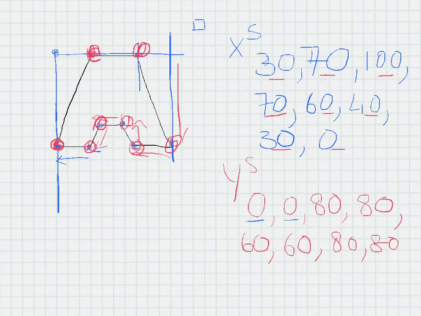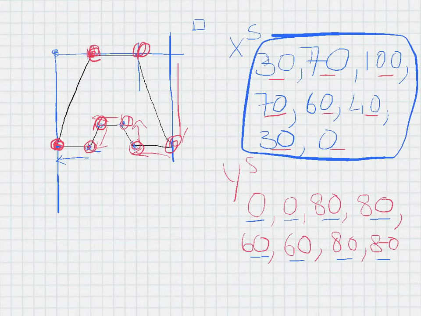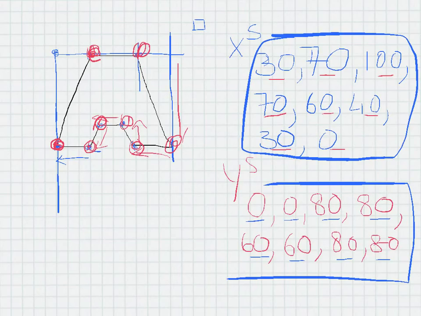So 1, 2, 3, 4, 5, 6, 7, 8. That is how I come up with the coordinates for drawing a polygon. So from there you just need to use the code that was provided for creating a polygon and have this as your x points and this as your y points.